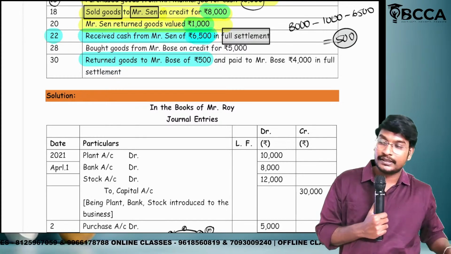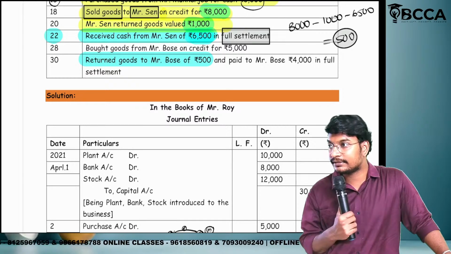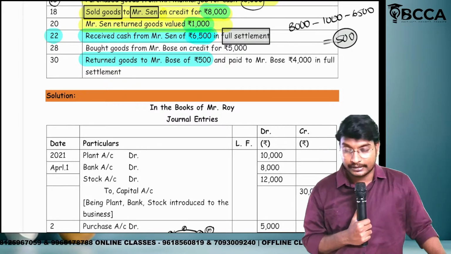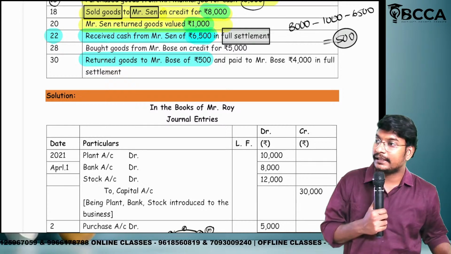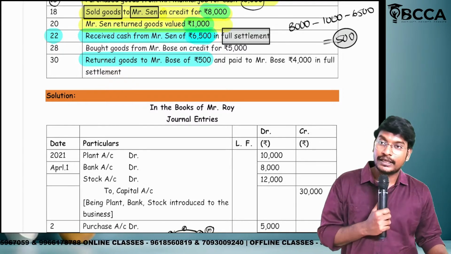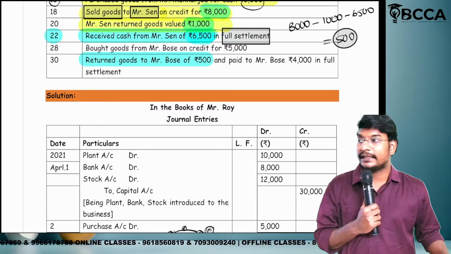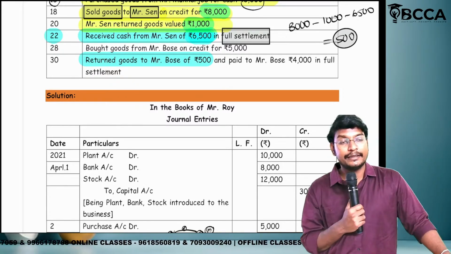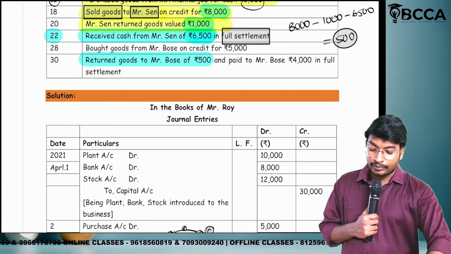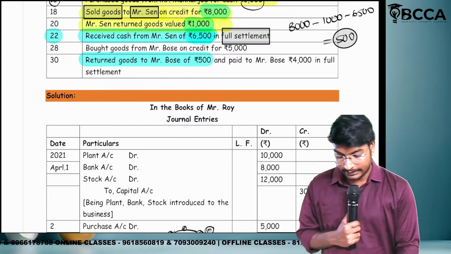Purchase is an expenditure, so purchase returns decrease expenditure, and we categorize it as income. Purchase returns income, credit balance increases, credit. Next, Bose's value will decrease. Bose is a creditor, liability, credit balance decreases, debit. So Bose account debit to purchase returns account. Okay? Write that down.